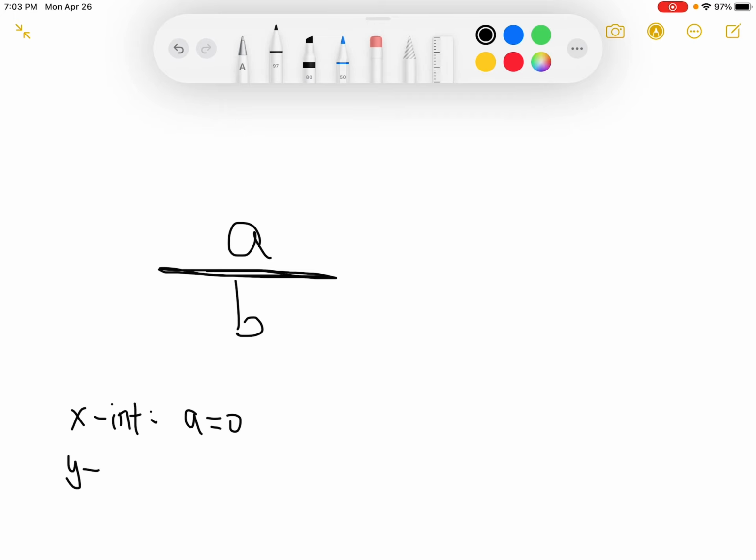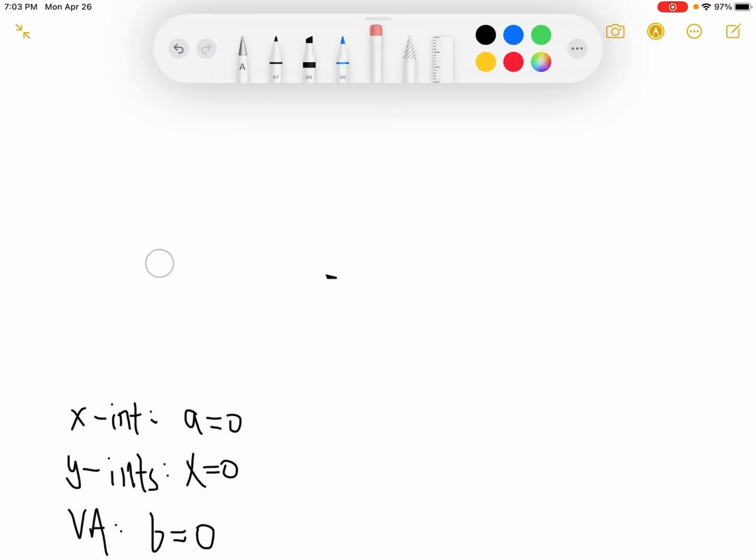To find the y-intercepts, you set x equal to 0, which there would be x's within the a's and b's. And then to find the vertical asymptote, you set b equal to 0. So that's what we're doing. And there's also horizontal asymptotes, but we'll look at that in the next video.